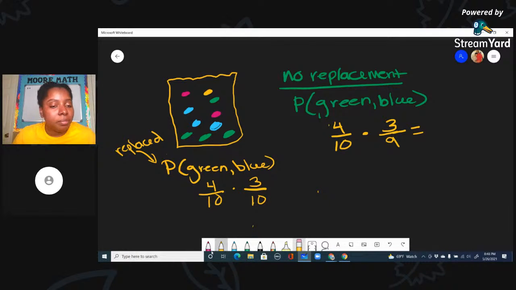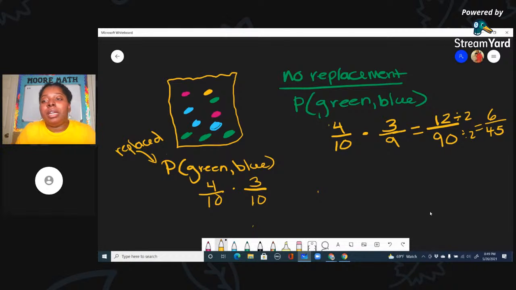4 times 3. 12. And 10 times 9. 90. Excellent. Okay, and then you can reduce it. 2 goes into both of these, and you'll get 45 over... that is not right, 6 over 45. Okay, 6 could have gone into both of those.